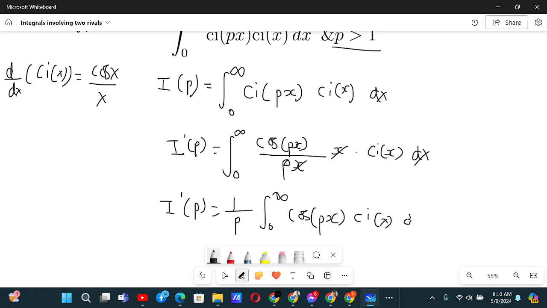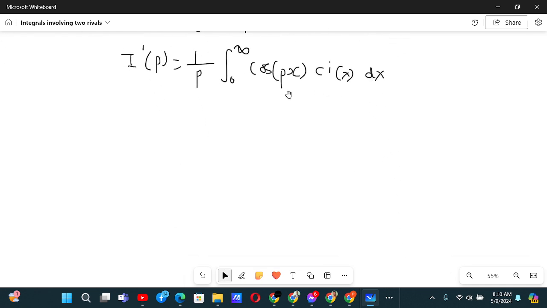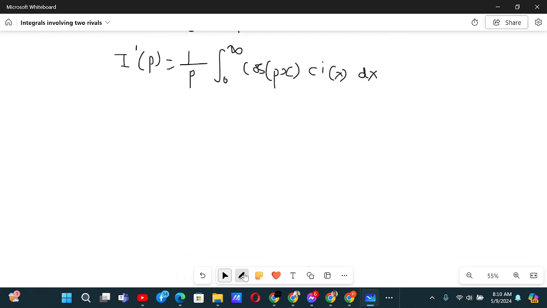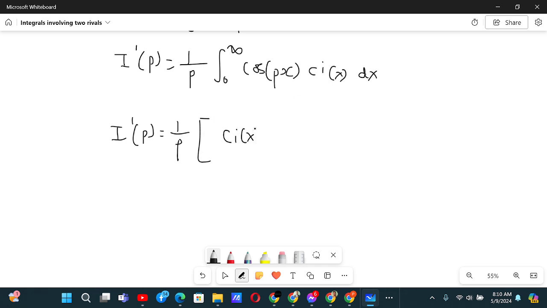Now we dealt with this integral in the previous video, where it could be easily answered using integration by parts. If I have to do that again, it's just 1 by p. Let us take Ci of x as u, and the integral of the other is sin px by p.